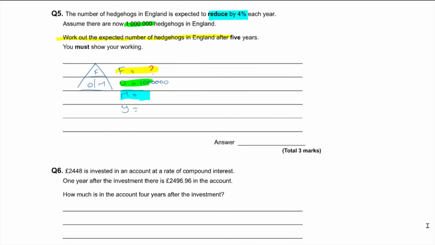So if you've got 100% and you subtract 4%, that's 96%, which as a multiplier is 0.96. And then finally, the number of years in this case is 5 years, isn't it? So that's 5. Okay, so cross off the thing I want to find. Final. Final equals original times multiplier.